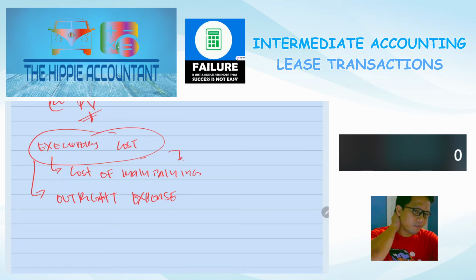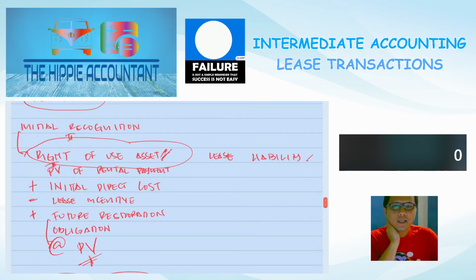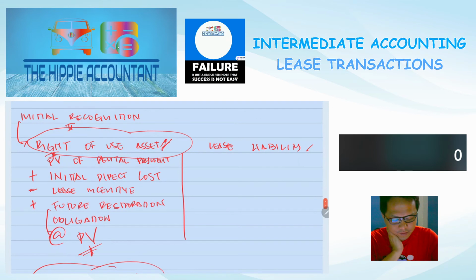Okay, now, when it comes to lease liability naman, the components of a lease liability, number one, present value of rental payment pa rin.